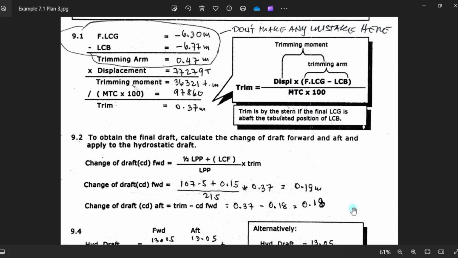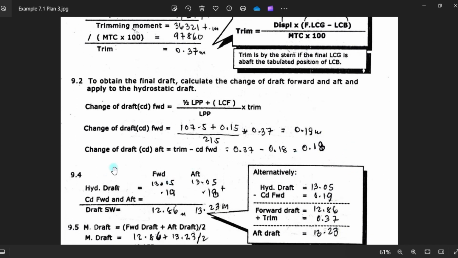Okay, and to get the change of draft up, it equals trim minus the change of draft forward. What is your trim? Trim is 0.37 minus your change of draft forward, which is 0.19.